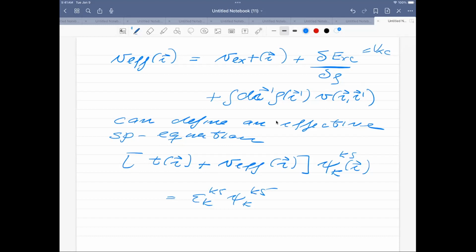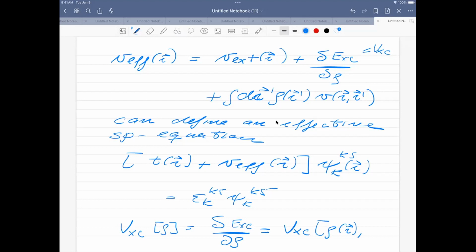In general, this Vx as a function of density is now defined to be the functional derivative of this quantity. This function here is in general a function of the density rho.